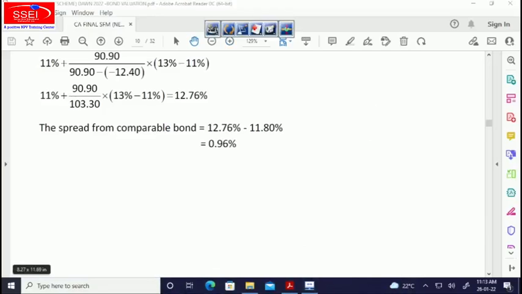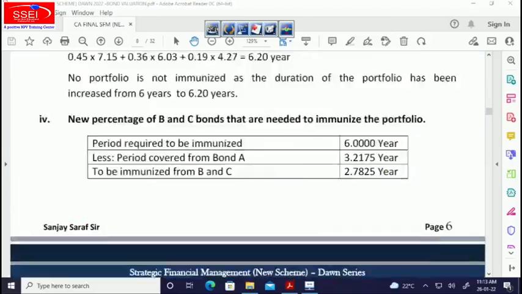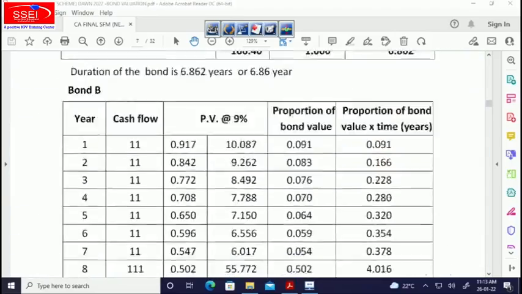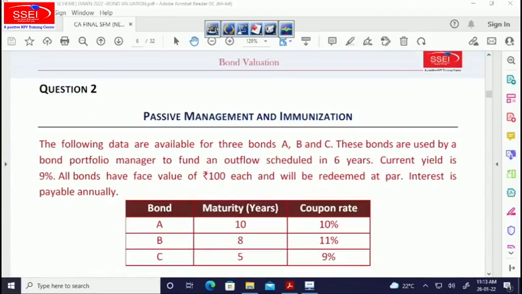So this was question number 3. Let's come to question number 2. Question number 2 has already been done by me in class. It's on DA equal to DL, but it's a very important sum. Duration of asset equal to duration of liability. Our duration of liability is 6 years.